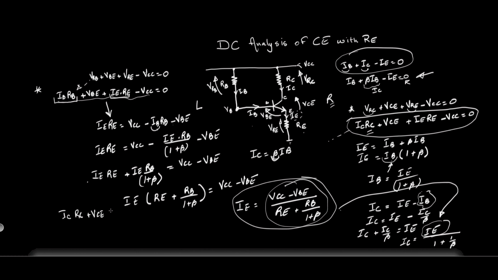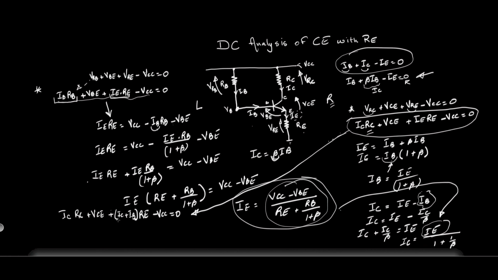And we know that IE is IC plus IB times RE minus VCC equals 0. So again, I extracted it from there to this.